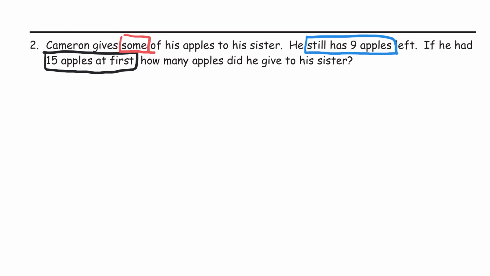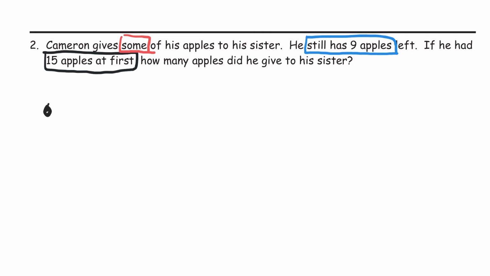Let's draw this out and write out a number sentence for it as well. I'm going to help you with that, but you're going to be completing it. So we know that he had 15 apples at first. So let's draw out 15 apples. Here we go. Let me get my pen up.